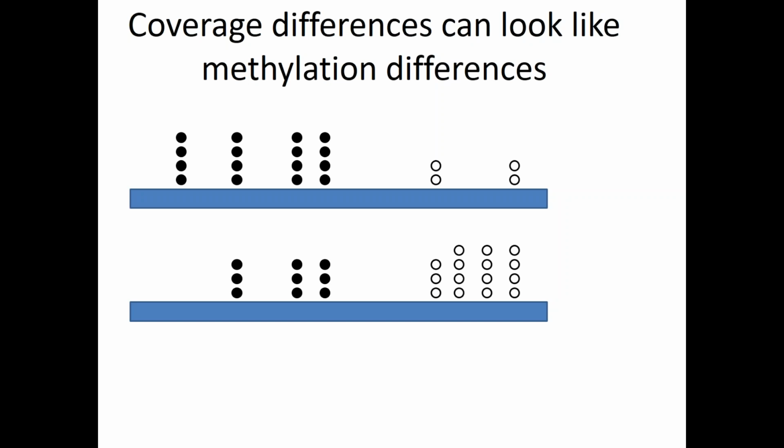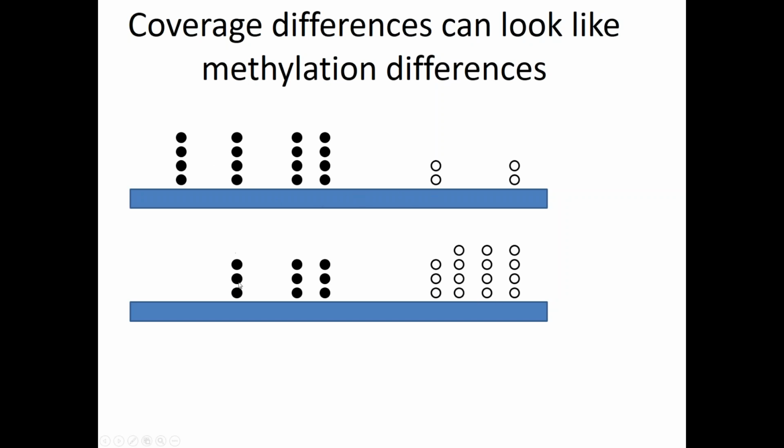That's all right. The reason that this matters is that when you're looking for differential methylation, you can misinfer that differences in coverage are differences in methylation. In this example, I've got two samples that I'm comparing, and I'm looking for differential methylation.